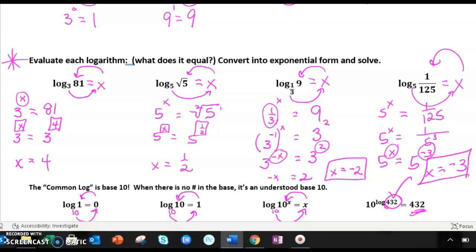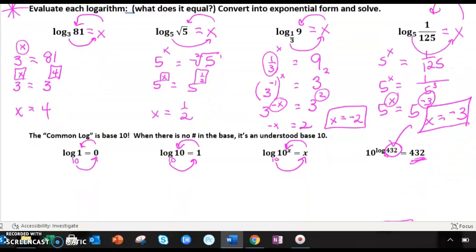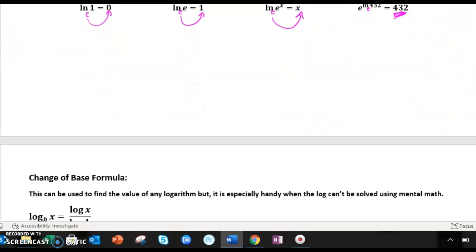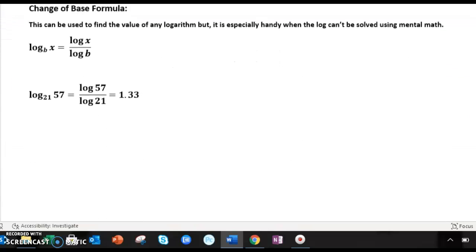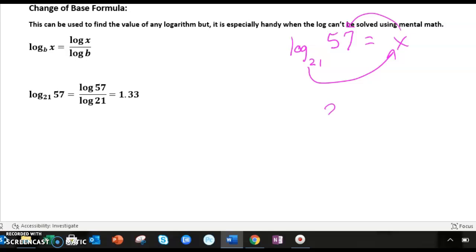Okay, well, those were okay. We were able to do those in our head. But what if we were not able to do it in our head? What if we had something like this? Log base 21 of 57 equals. That says 21 to some power is equal to 57.